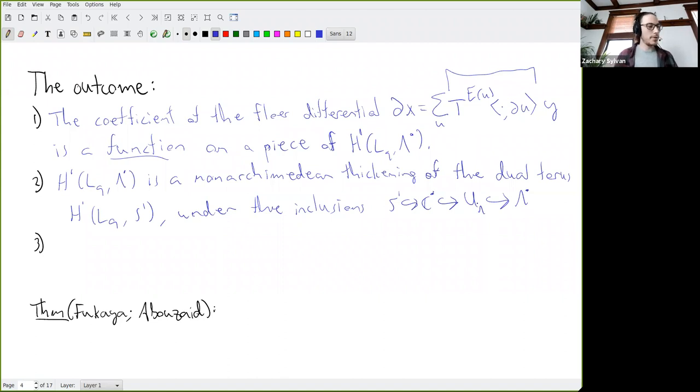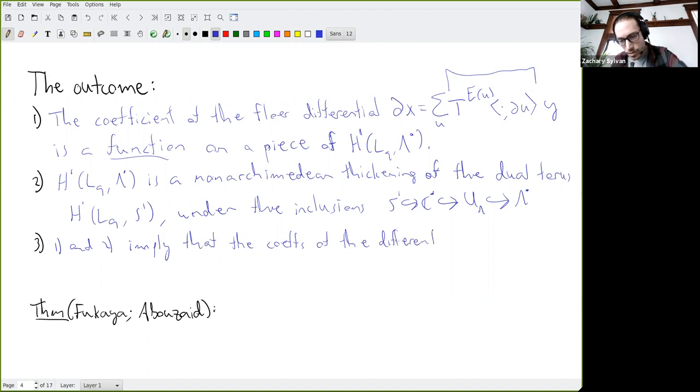So there's a third thing that we get out of this, which is that 1 and 2 imply, how do I want to say this? Well, the coefficients of the differential are locally given by functions on the mirror.